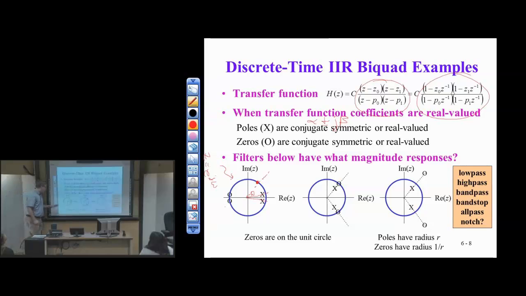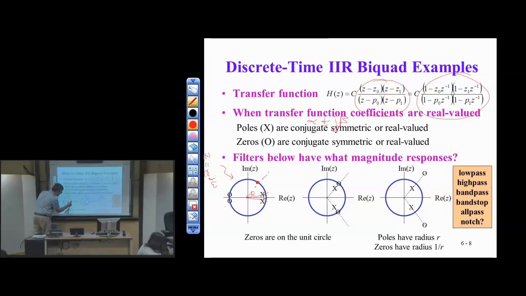Okay, so think about what selectivity this filter on the far left has. Is it low pass, band pass, high pass, band stop, all pass, or notch? Okay, so in this case, the poles again tell me that I'm going to pass frequencies at the angle of the poles. And why is that?